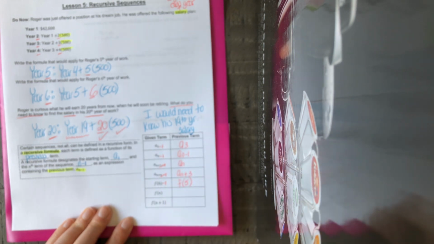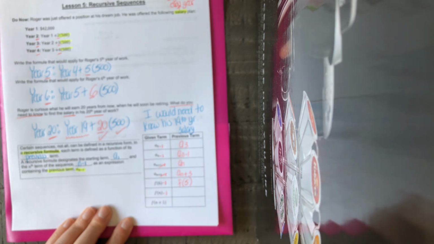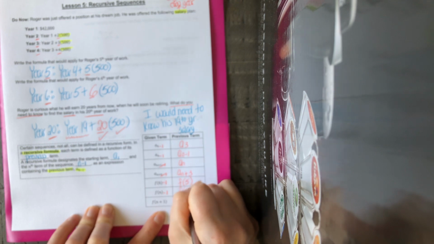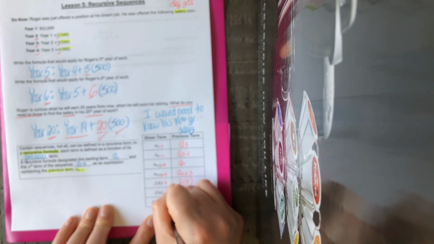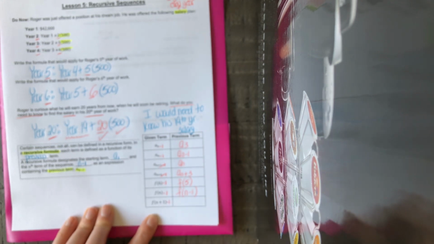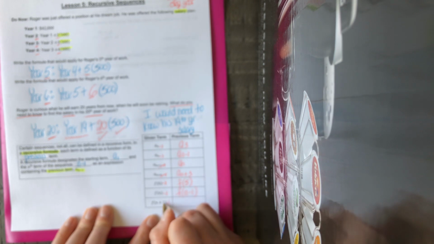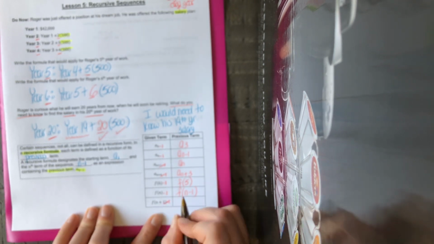So 5 comes before 6. Again, if I subtract 1 to find my previous term, what comes before n? N minus 1. And then again, what comes before n plus 1? Well, I know that 1 minus 1 is 0, and these are going to just cancel. So all I'm left with is f of n.